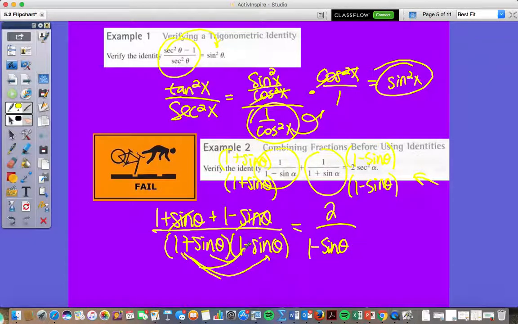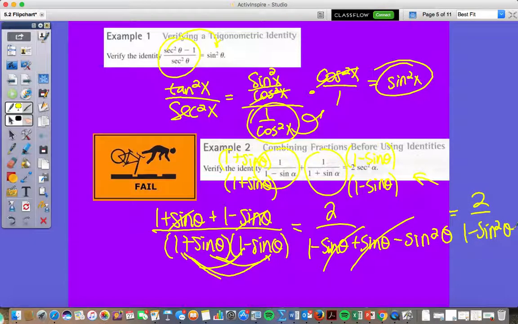Good. What about the sine now? We distribute. Sine plus sine and negative sine squared. So when we distribute, what cancels here? The sines. Good. And we're left with 2 over 1 minus sine squared of theta.